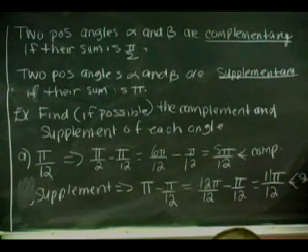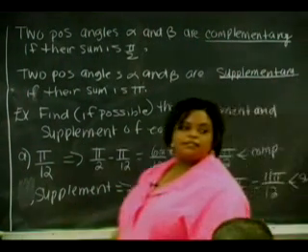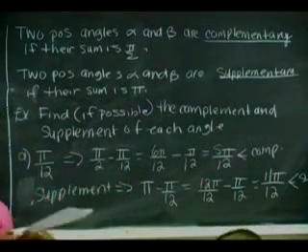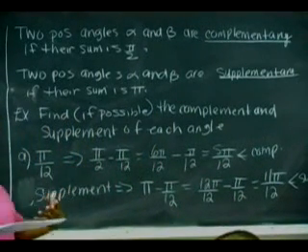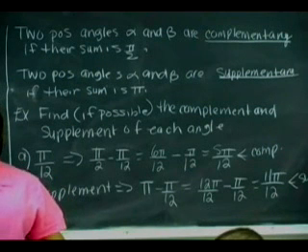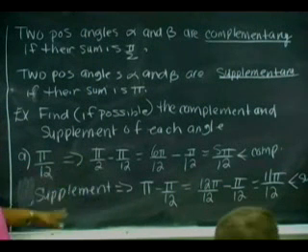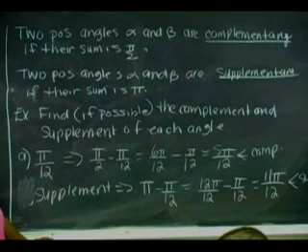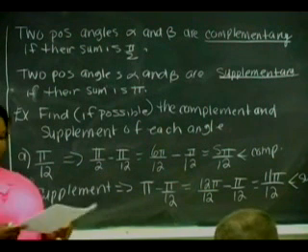And that is the supplement. Okay? And we can say that it is a supplement. Why? Because it's not negative. Had we got negative angles, we would have said it does not have a complement or a supplement. Okay?